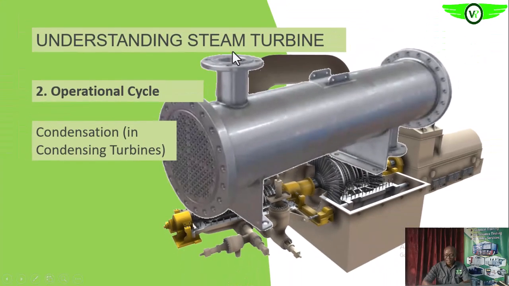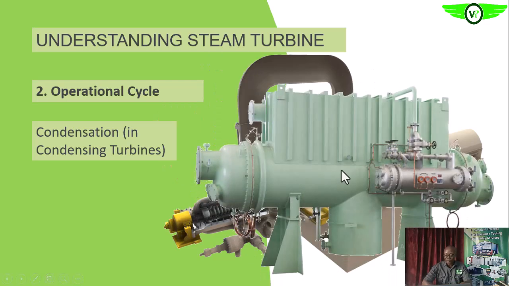So the steam is administered into the condenser from here, and then the condensate is taken out from here, okay. So cooling water goes into this tube, are we getting it? To cool that steam, to help condense the steam.